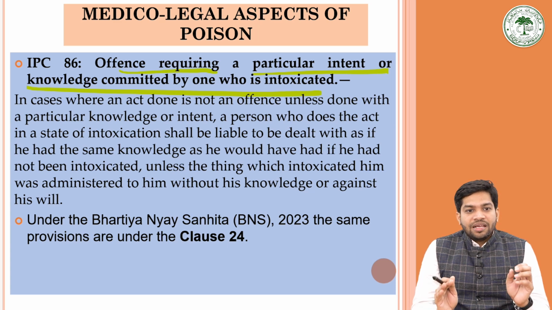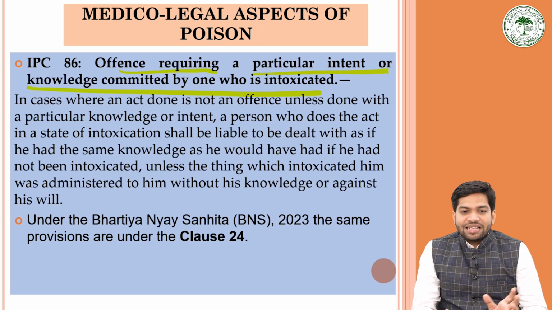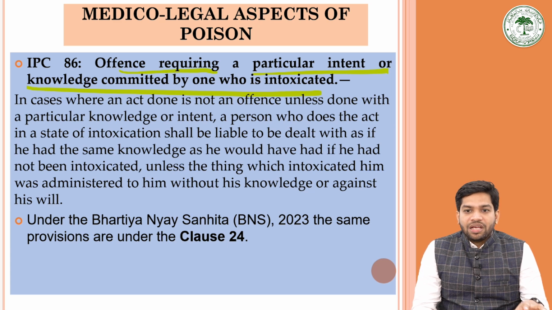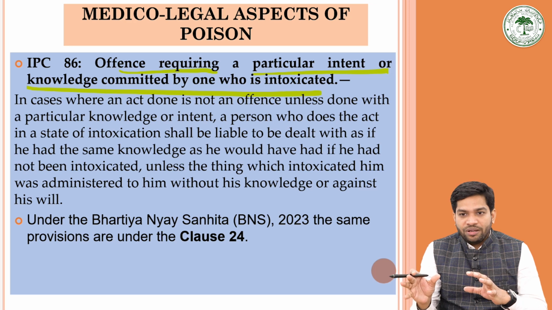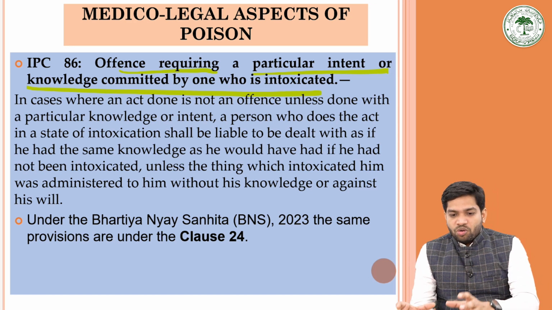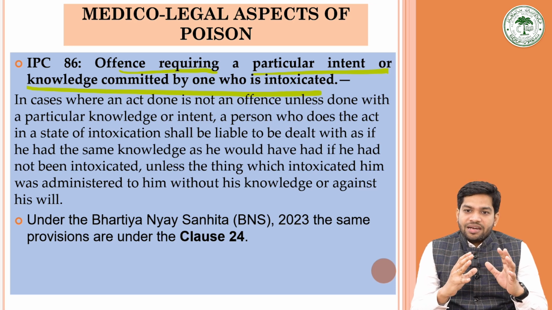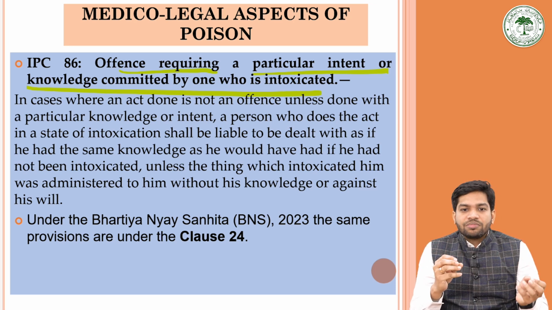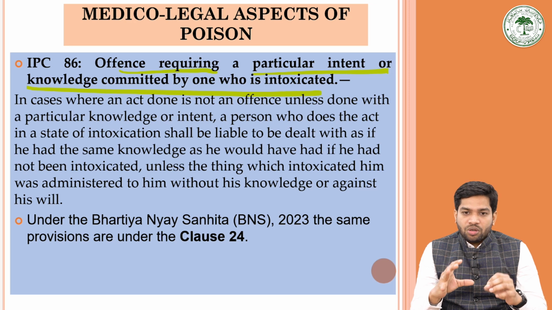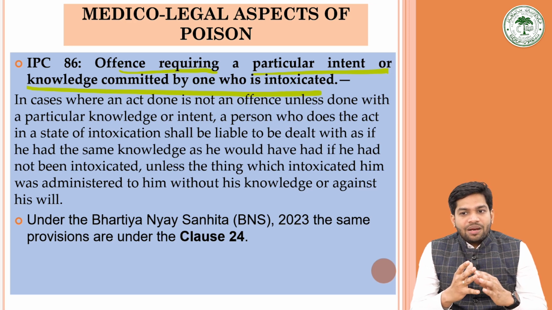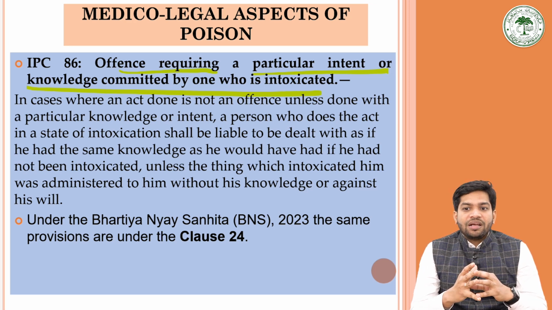The difference between 85 and 86 can be understood with an example. Suppose X mixes alcohol in the cold drink of Y without his knowledge. Y does not know that someone has mixed alcohol in his glass, and Y comes under the influence of that drug or alcohol, and he goes out and beats Z. So Y shall not be held responsible for his act as per Section 85 of IPC.